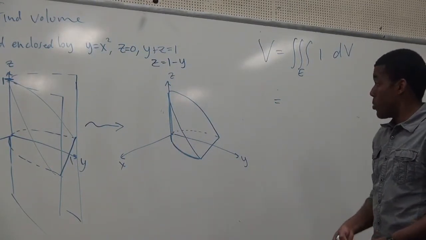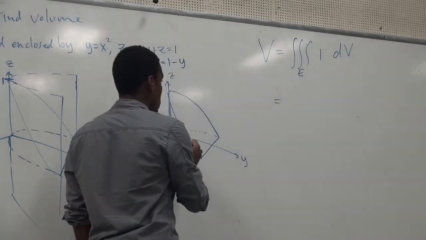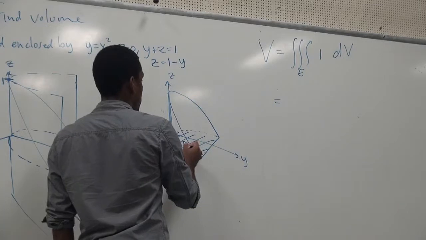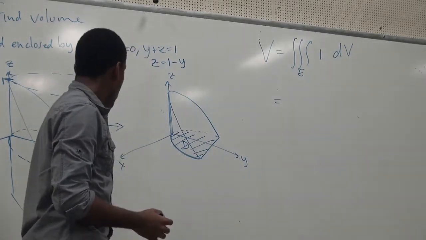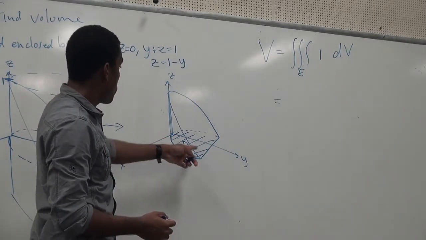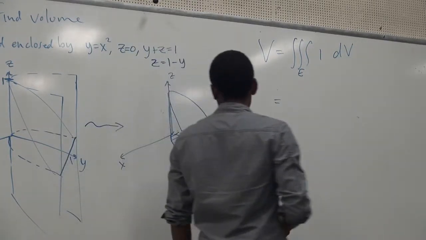I can set it up with dx dy as my region of projection. In which case I would have y equals x squared is the bottom, y equals 1 is the top.